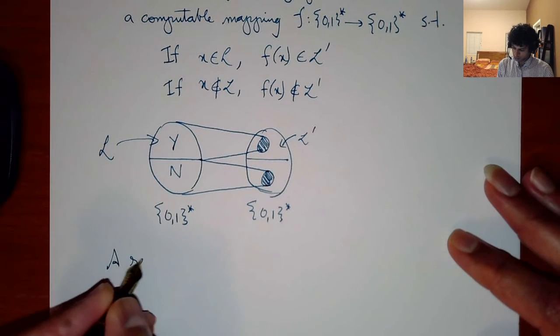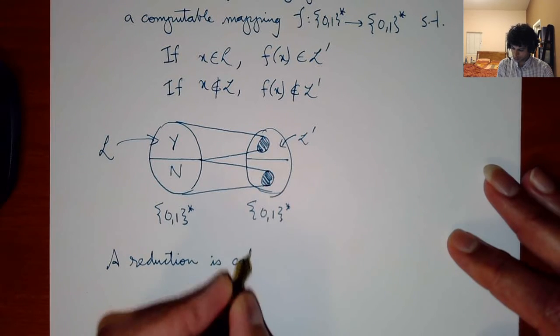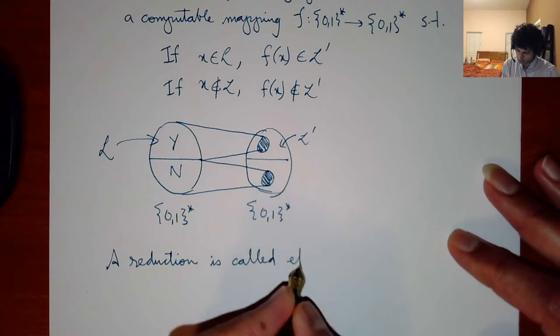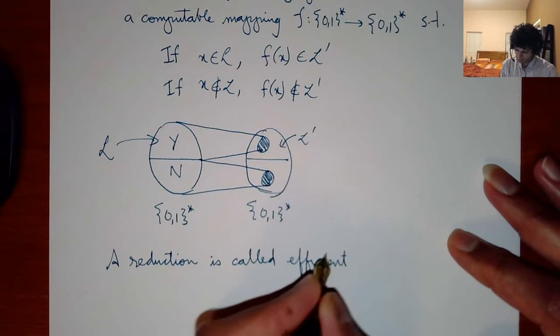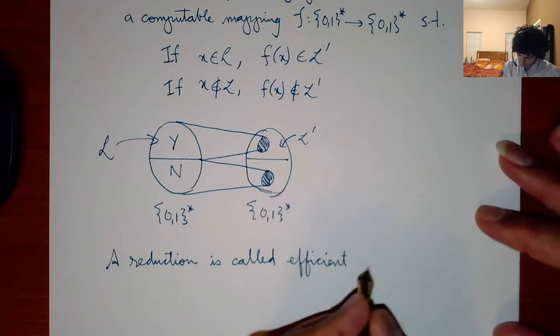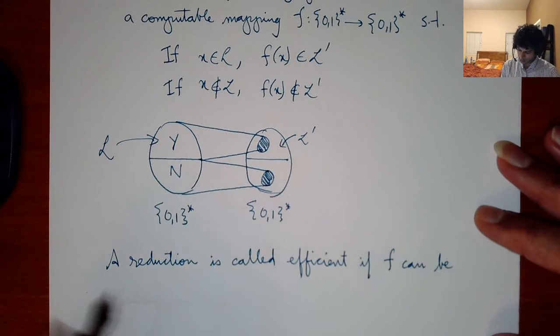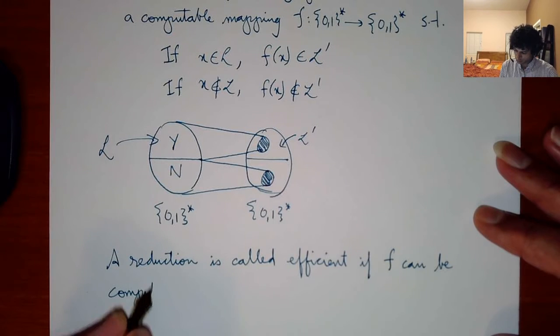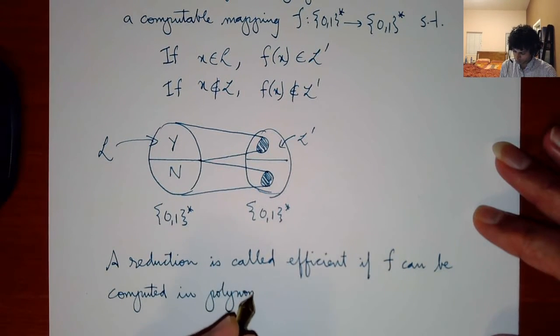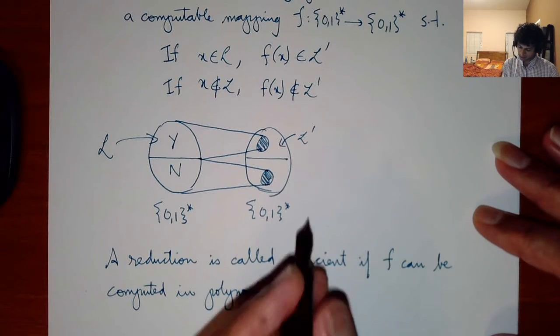A reduction is called efficient if f can be computed in polynomial time, or sometimes this is just referred to as a polytime reduction.